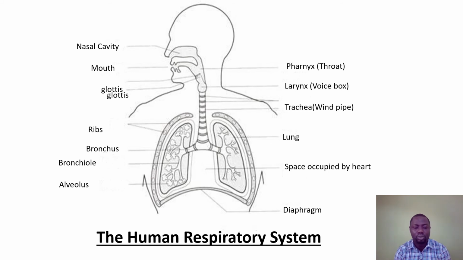We have the bronchus. It's a branching of the trachea to the lung. It's where the trachea branches into the lung. Now, after the bronchus has branched into the lung, the bronchus also branches into several parts called bronchioles. Then finally, we have the alveolus.